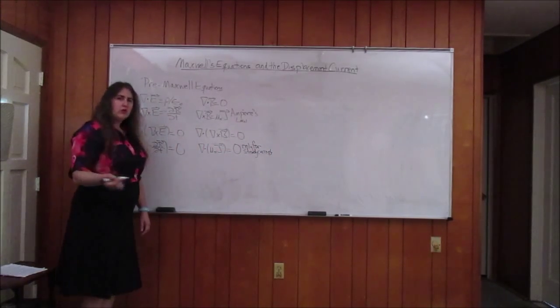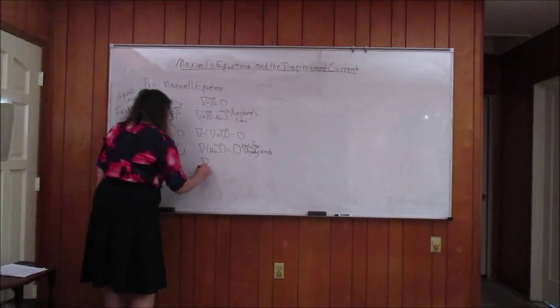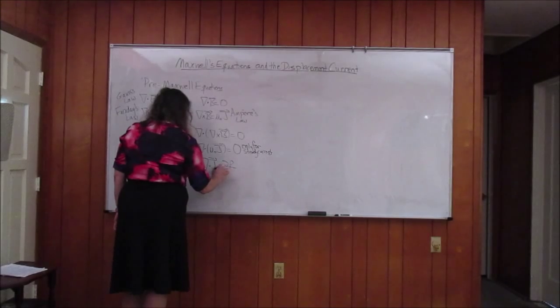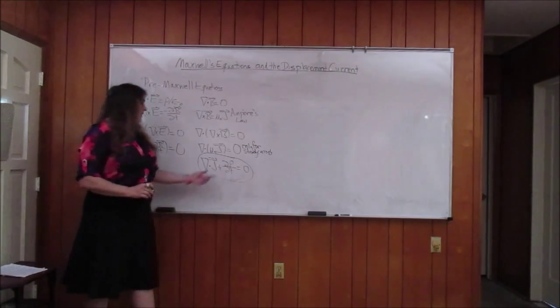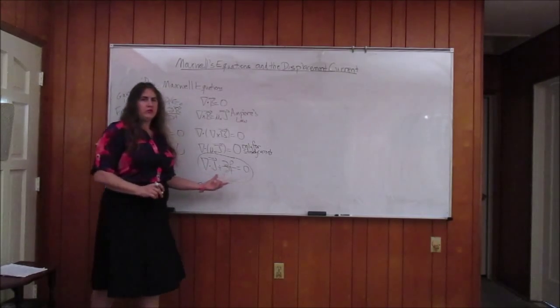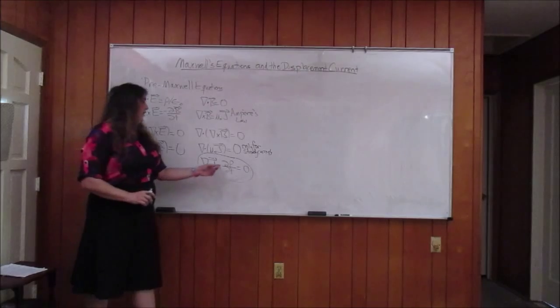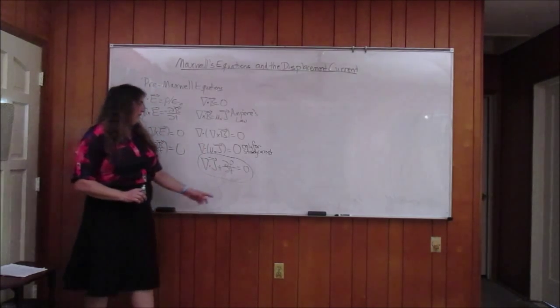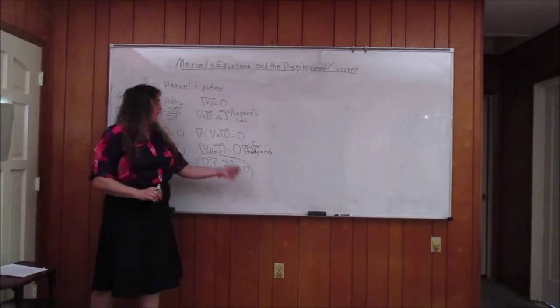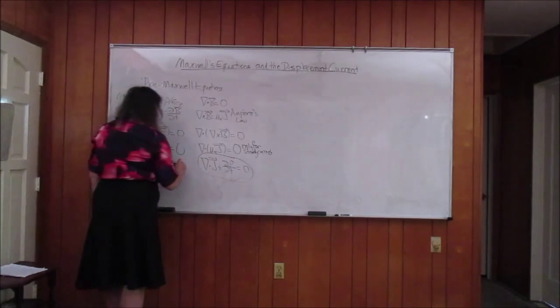In fact, more generally, the divergence of the volume current density satisfies this expression. The divergence of the volume current density plus the time derivative of the charge density is equal to 0. This is a continuity equation.